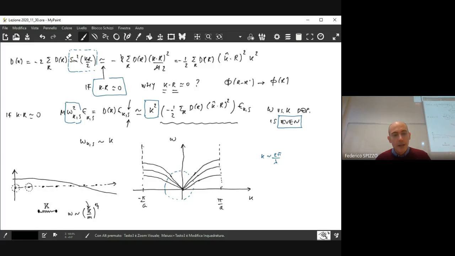So if the first ion moves, just for instance, to the right, then also the second ion moves to the right, just with a different amplitude. So these are in-phase oscillations.